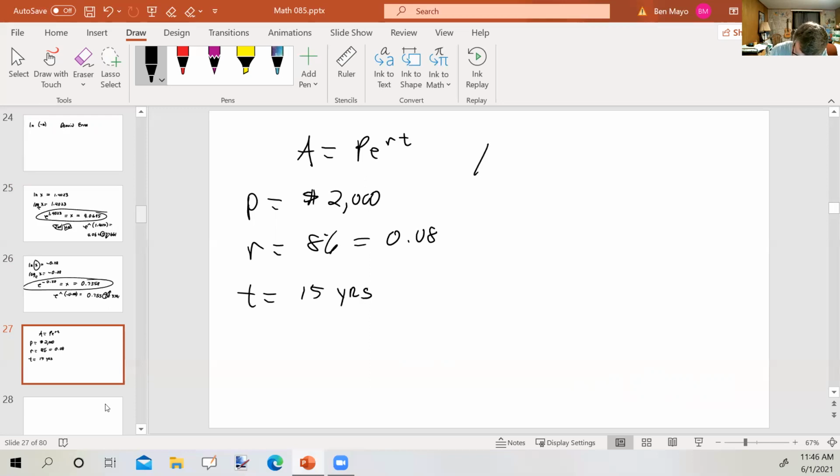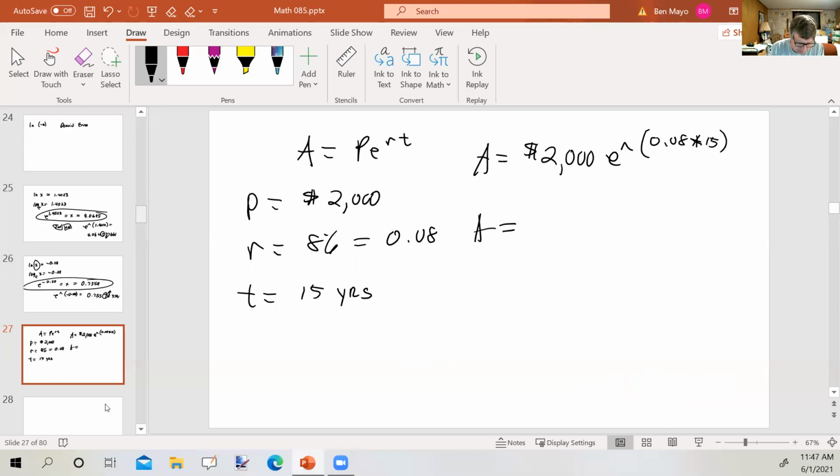So A equals $2,000 times e raised to the 0.08 times 15. Now, once again, we can predetermine what 0.08 times 15 is and go with that, or we can just do it all at once. I'm going to do it all at once.